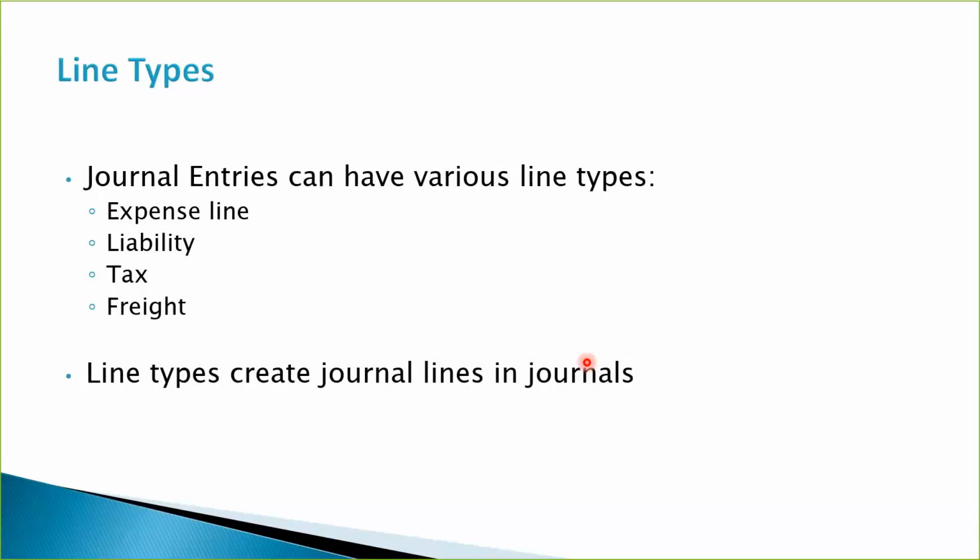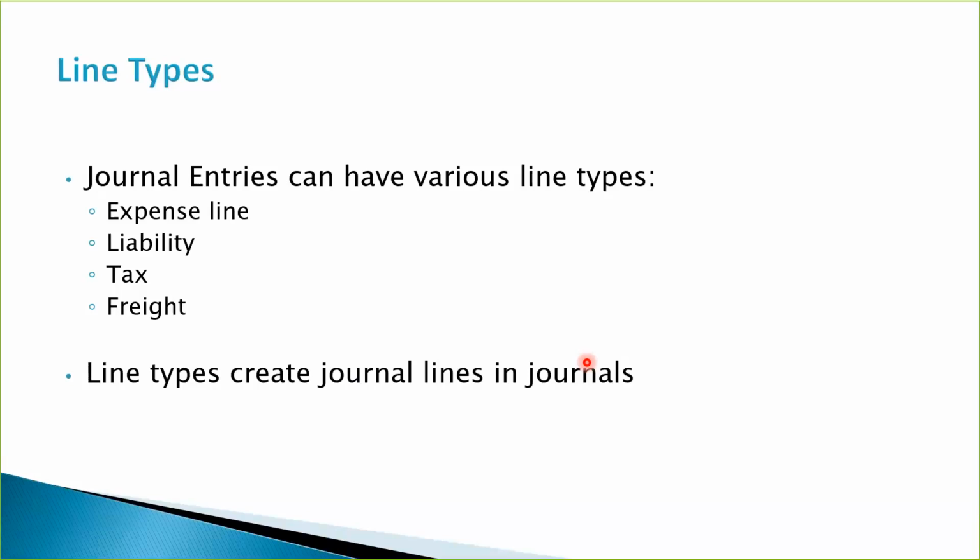So when you're entering an invoice, you are acknowledging an expense, so you're increasing your expense, and then you're also increasing your liability, and you'll reduce those when you pay the invoice.